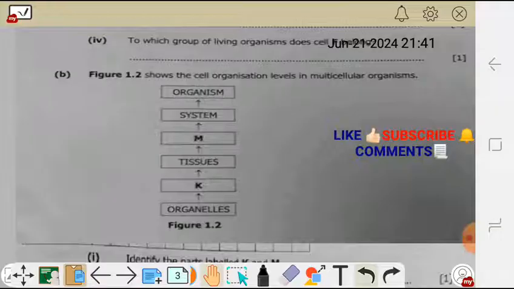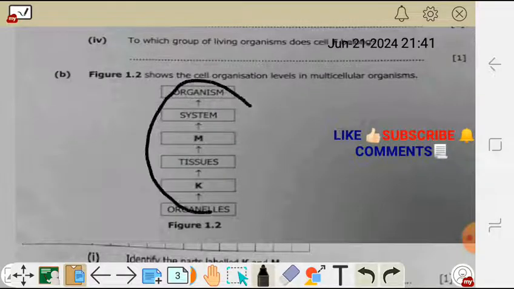Okay, so question 1B, here we're given a figure. Question 1B reads, figure 1.2 shows the cell organization levels in multicellular organisms.